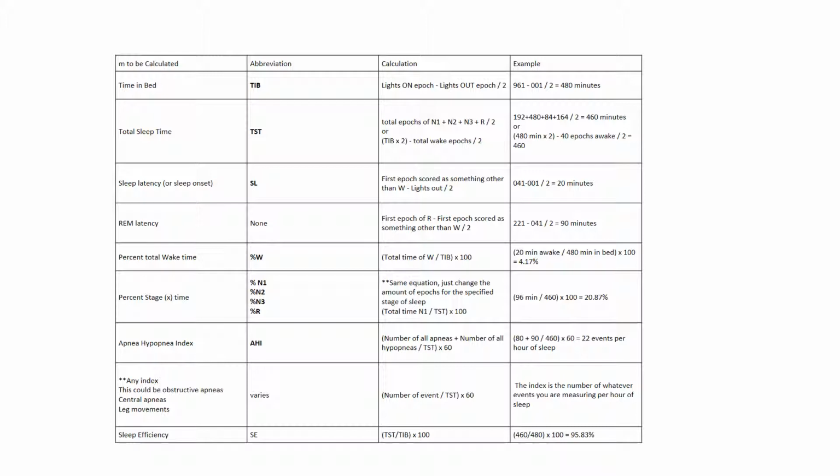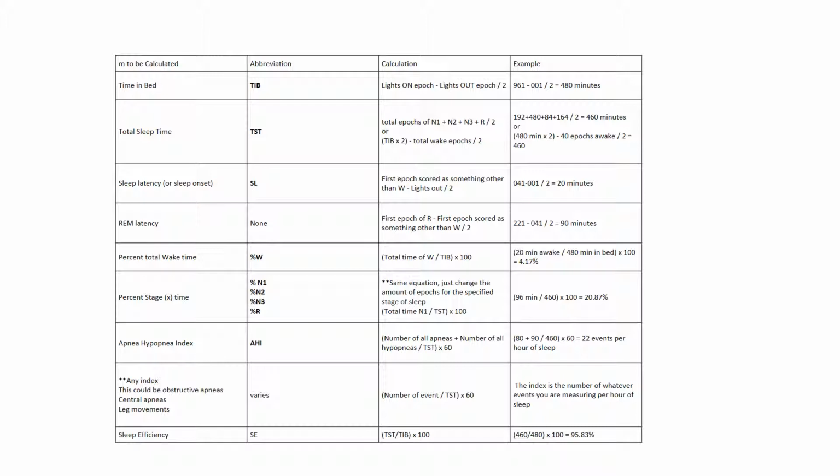If we divide that by 2, we get 96 minutes. So 96 minutes of stage N1 divided by the total sleep time, which was 460 minutes. Take that times 100 and we get 20.87%. That is a little bit high of a percentage for stage N1 sleep.